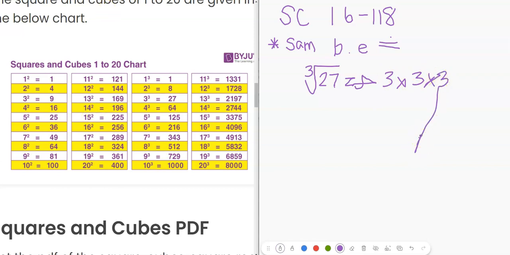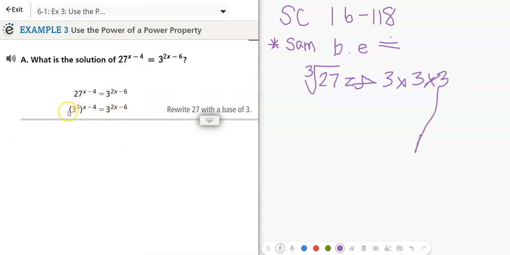So we can go back to our problem, and I can rewrite 27 as 3 cubed, because 3 cubed is the same as 27. Because they are the same thing, I can replace one for the other.